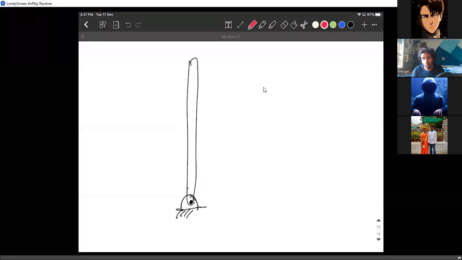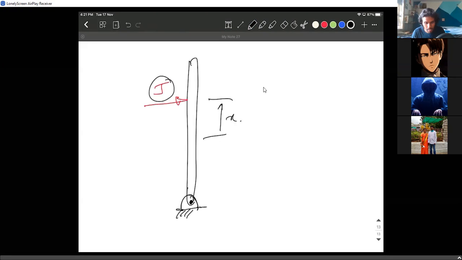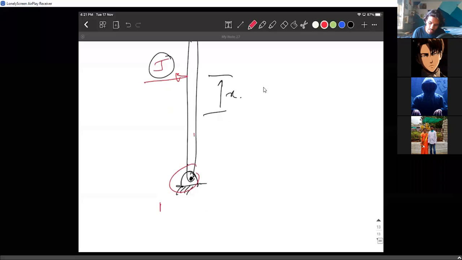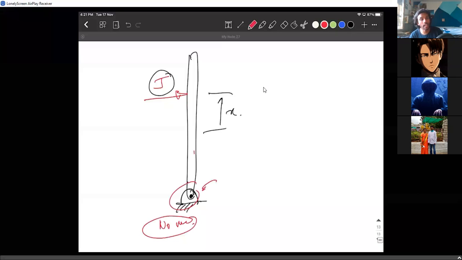They ask you a question like, by what distance from the center of mass should you give an impulse so that there is no reaction from the hinge? It shouldn't affect the hinge at all.